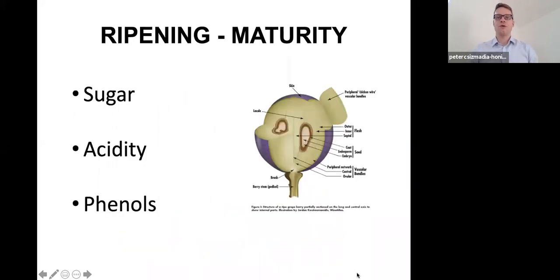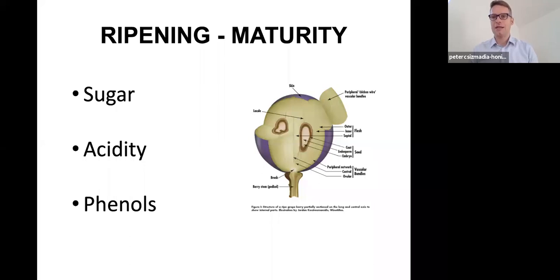First of all, sugar will be key for us to produce alcohol, as we have learned during the first session about the fermentation process. So clearly, in the vineyard, you have done a lot of work, canopy management, and lots of other different work that will help you to ripen grapes, increase the sugar content, which is key to fermentation.